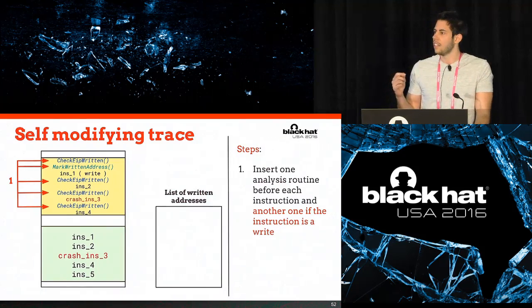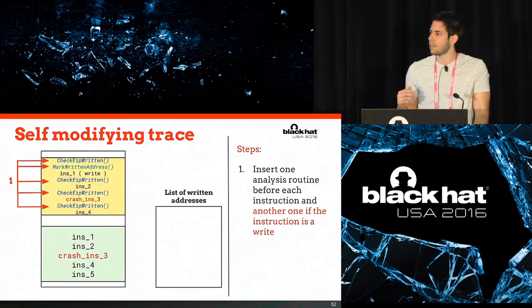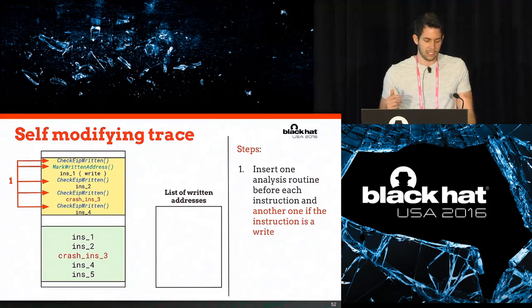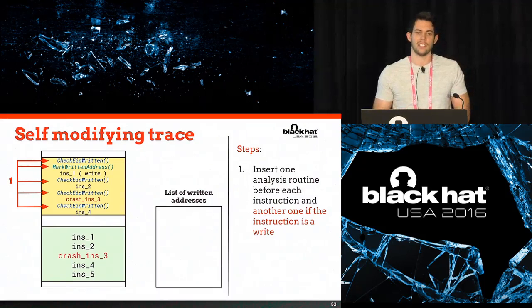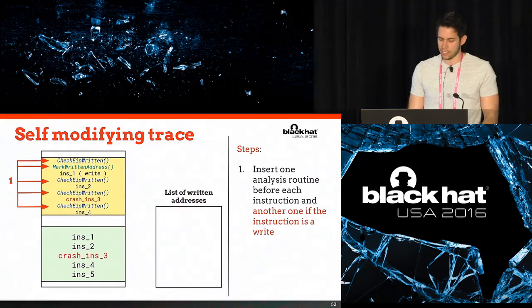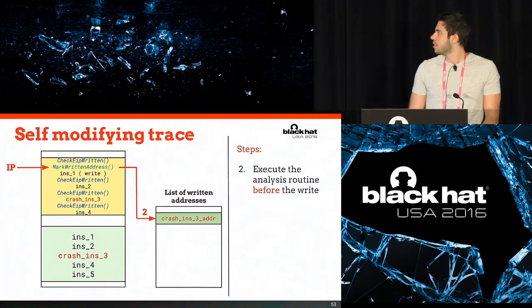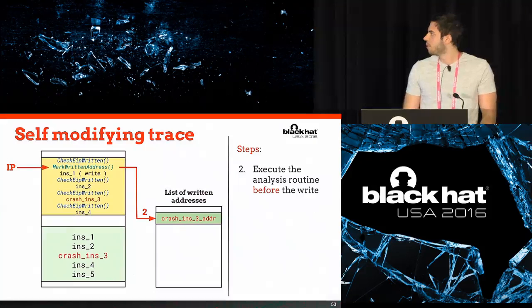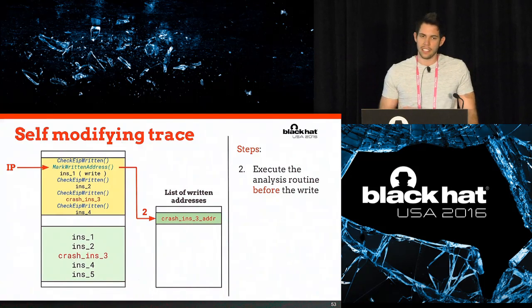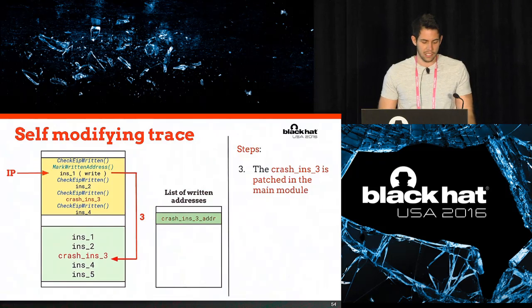If the instrumented operation is a write operation, we inserted another analysis routine that is responsible for getting the target address of the write and inserting this address into a list of written addresses. So rerunning the example before, we can see that the first analysis routine can correctly get the target of the write and insert this address into our list.